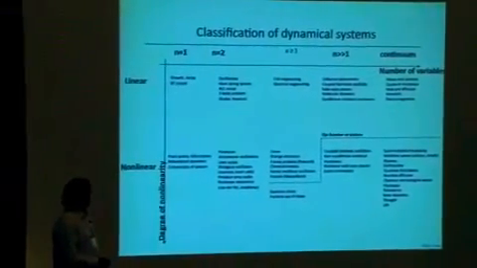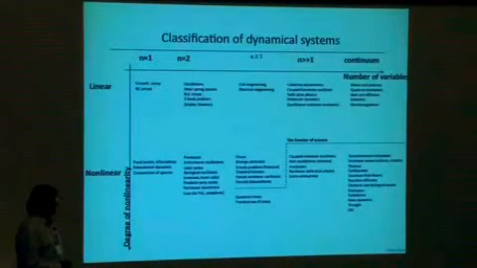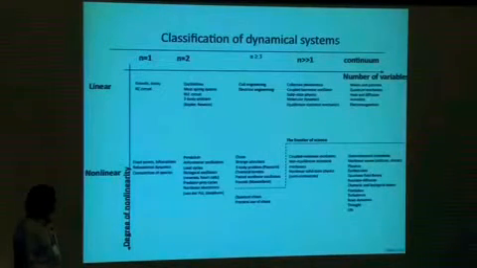It finds applications in decay or growth phenomena, oscillations, but not stable oscillations. We cannot stabilize an oscillation through a linear system. And then linear wave phenomena, I use examples here, heat and diffusion, etc.